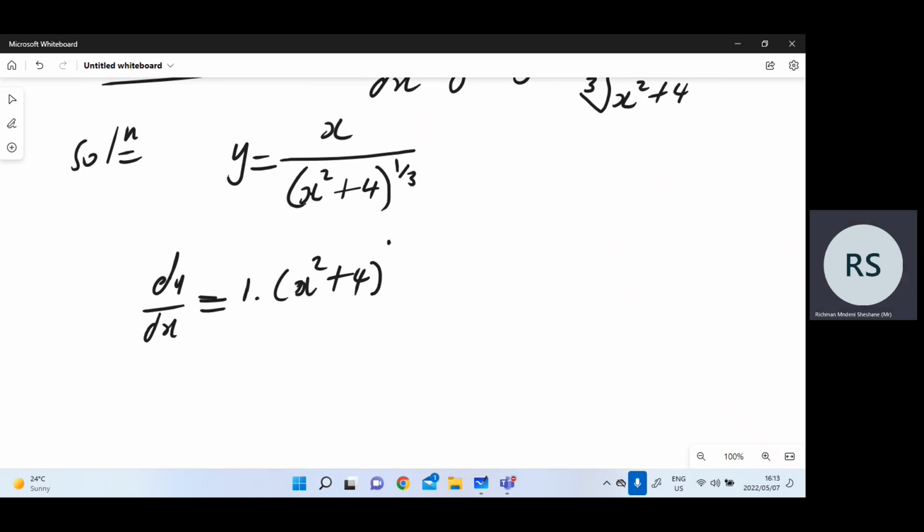This is the denominator. And minus, we leave the numerator, which is x, and multiply by the derivative of the denominator.